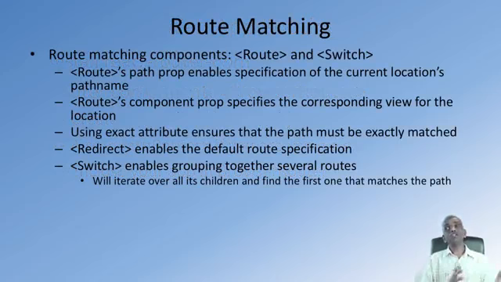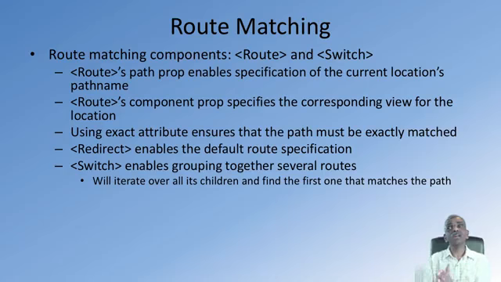Now, in order to determine which view to navigate to, as I mentioned, the URLs are a way of identifying which view to navigate to. So this is where the route matching components provided by React router come to our help. The route matching components include the route and the switch. The route component enables us to specify a path property which specifies the current location's path name.